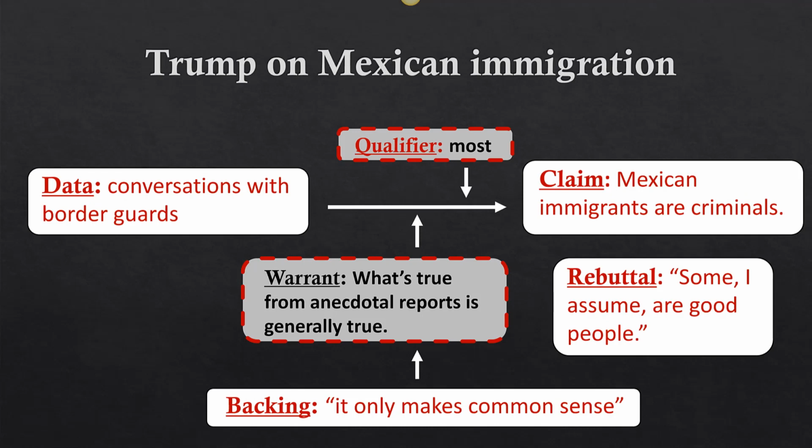And so, given that glaring distinction between the shaky basis on which this generalization is being made, as opposed to the empirical evidence that we have about most Mexican immigrants most of the time, we can identify this argument as committing a specific and typical form of fallacy in generalization arguments. The hasty generalization.